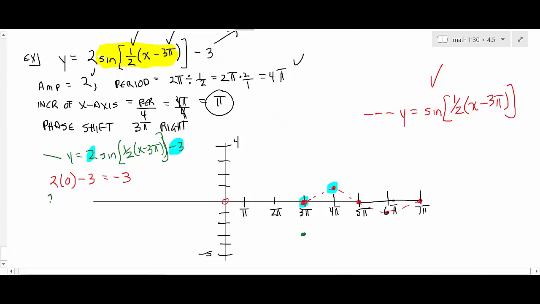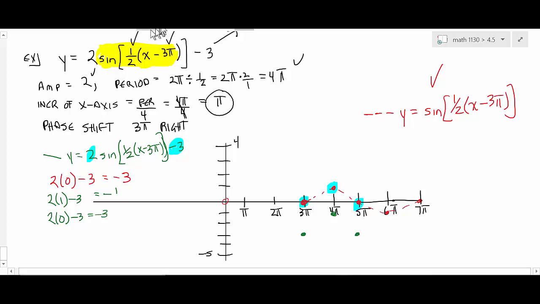So I go 2 times 1 minus 3, which is -1. So that point now is located down at -1. The next point is 0 again, so 2 times 0 minus 3 is again -3. So that point moves down like that.